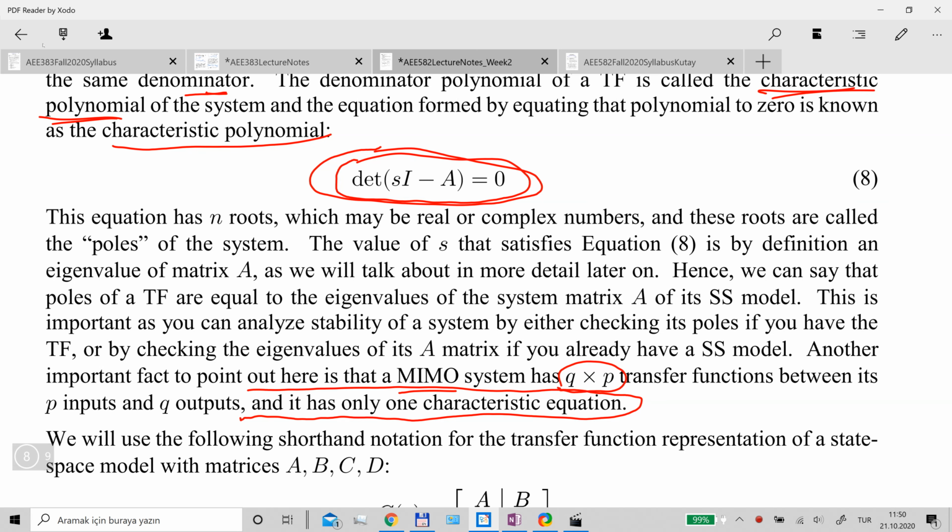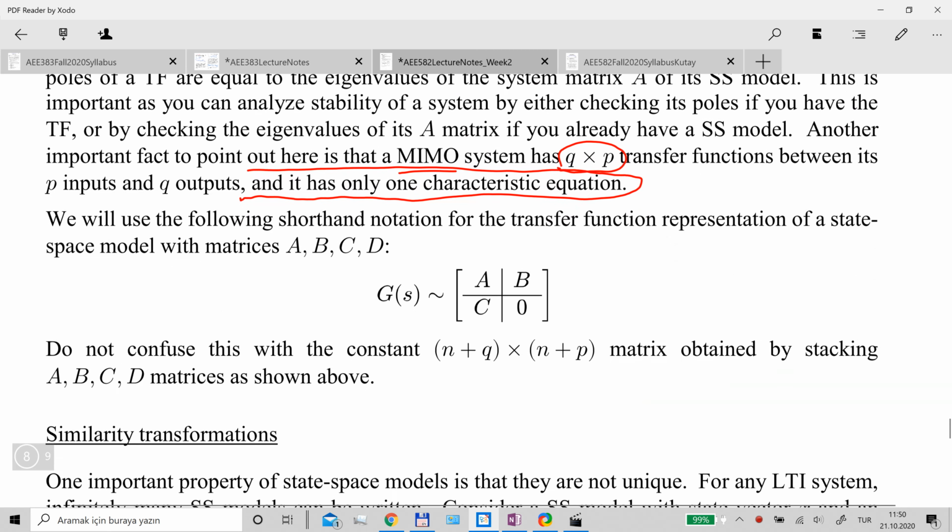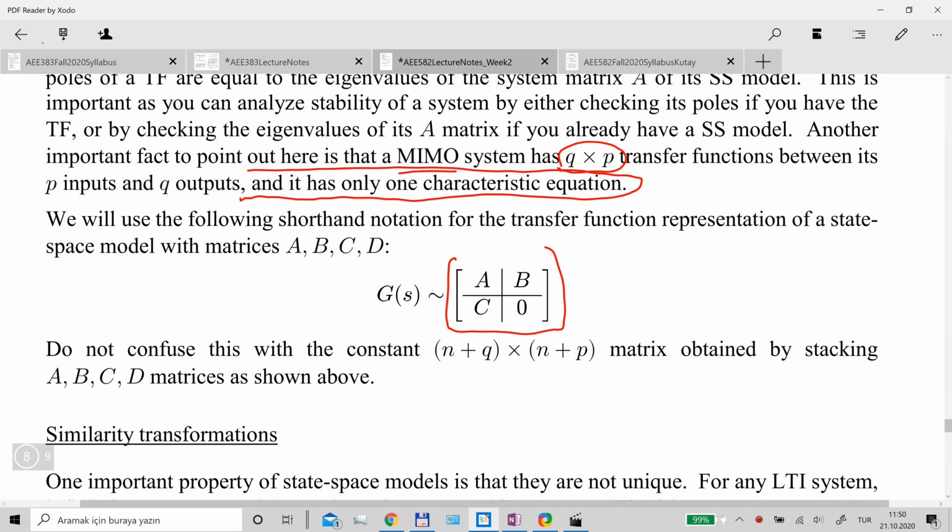When switching back and forth between state space model and transfer function, we will use this shorthand notation. So whenever you see a matrix like that with A, B, C, and you can have D here, and you see these partition lines, this indicates that this is in fact a transfer function matrix.